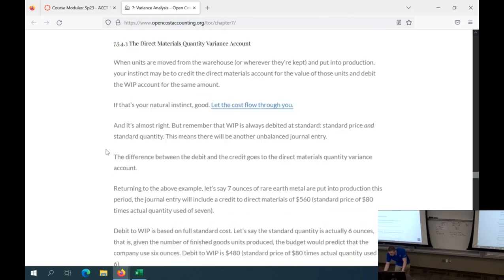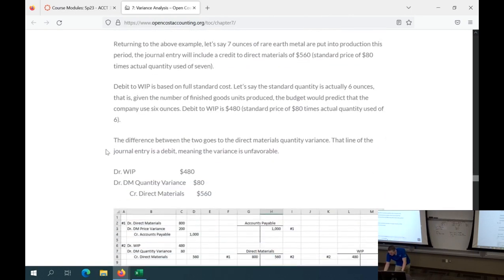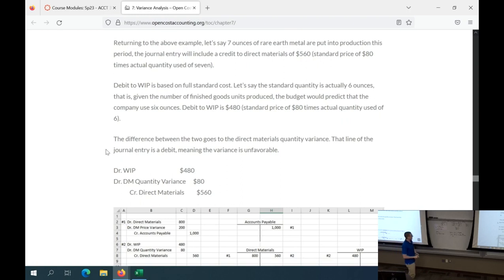Great, and the quantity variance now. Here we have actual quantity used is 7 ounces. So during this period, we used 7 ounces. Again, that's entirely separate from the question of how much we purchased, at least as far as the variances are concerned. It's a different decision maker, enough of a different decision maker to allow it to be completely separate from the question of how much we purchased.